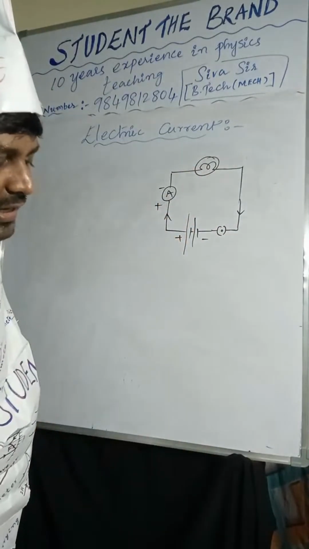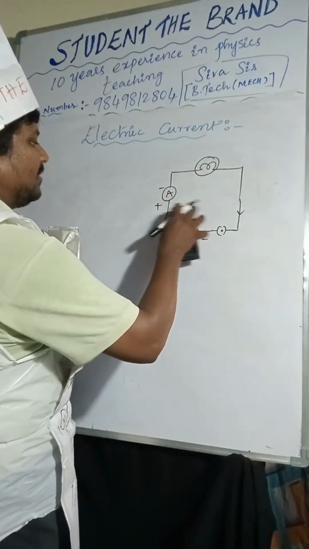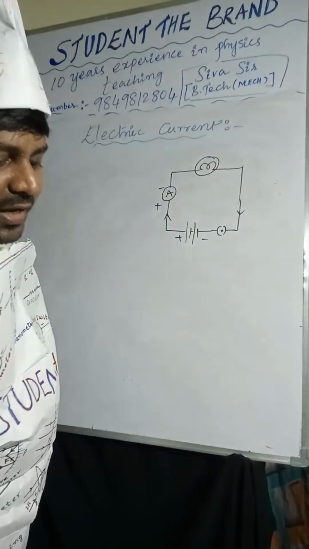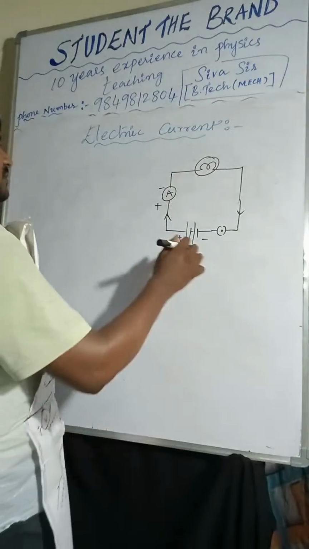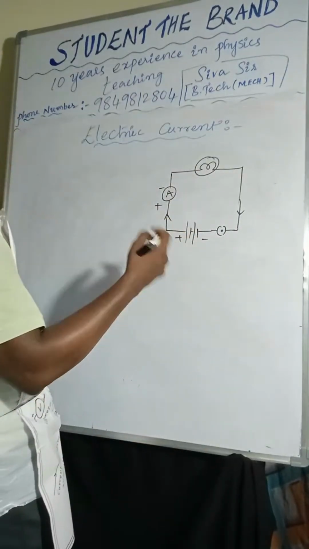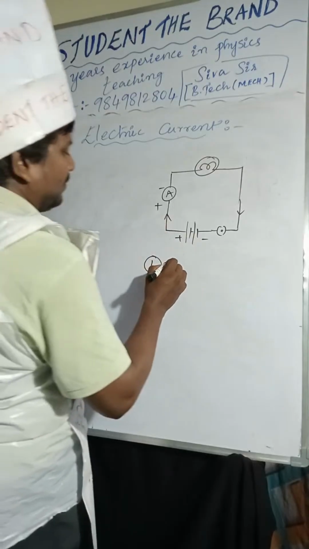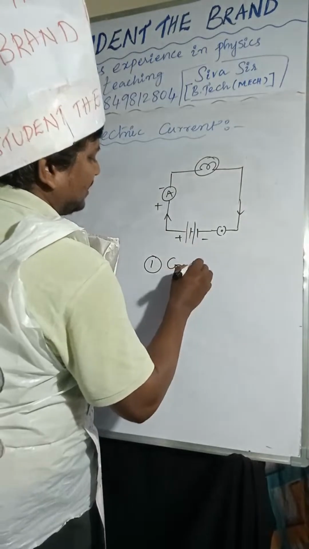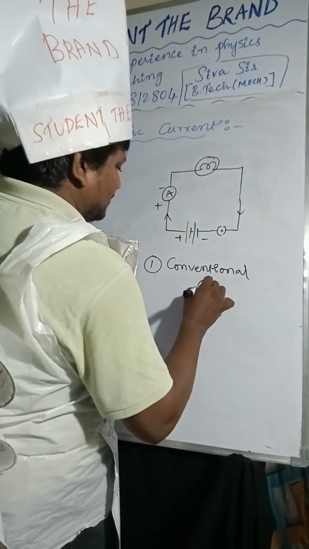Here you need to understand one thing. When the current is flowing from positive terminal to negative terminal, actually before finding the proton, neutron, electron, all those things, here we are considering the conventional current.